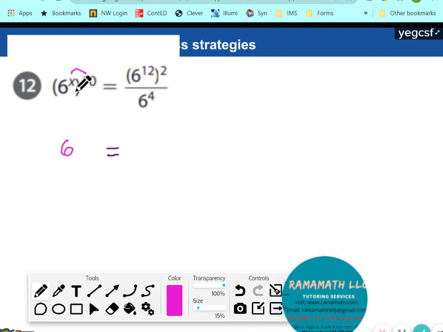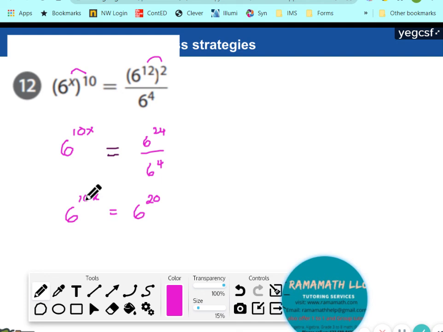So x times 10, that is 10x. And then here, you multiply these two, that is 6 to the 24 over 6 to the 4. Now when I see the same bases, you subtract them, so that's going to be 6 to the 10x equals 24 minus 4, which is going to be 20.